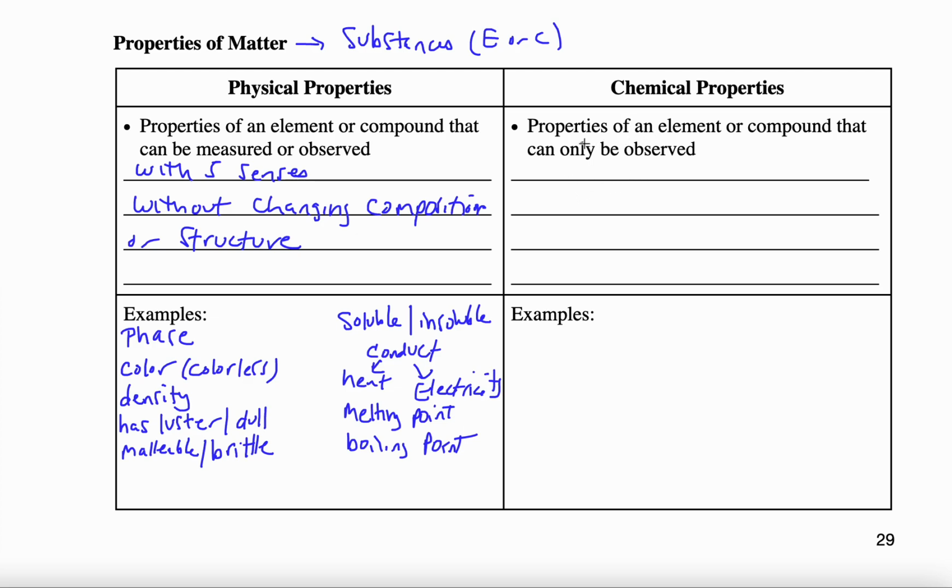Whereas chemical properties of an element or a compound can only be observed during a reaction. So during a chemical reaction.